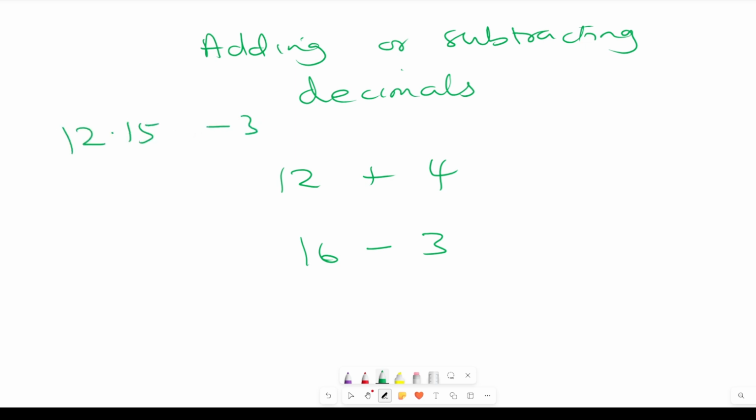12.15 minus 3.68. We should be able to do this. 14.71 plus 6.89. We should be able to do this, okay? The thing I want to tell you here is that whenever you are having to add decimals without a calculator, which often happens in a non-calculator paper, all you need to do is to align your numbers in a way that respects what we call the place values.